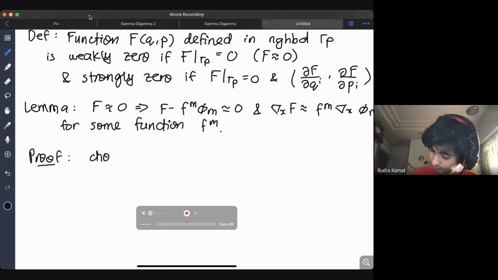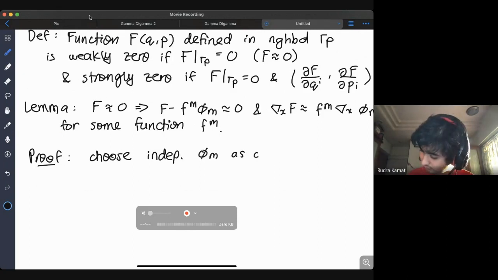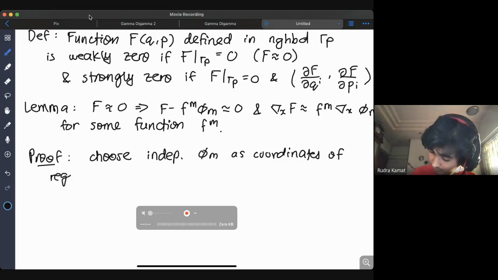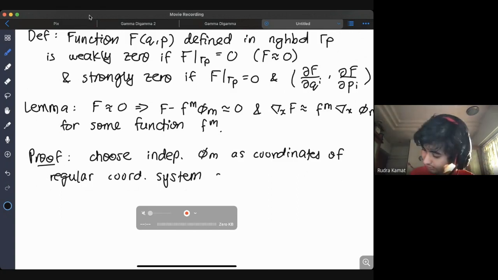So the step is to choose independent phi_m as coordinates of a regular coordinate system denoted by x, which is an ordered product of phi and x tilde.